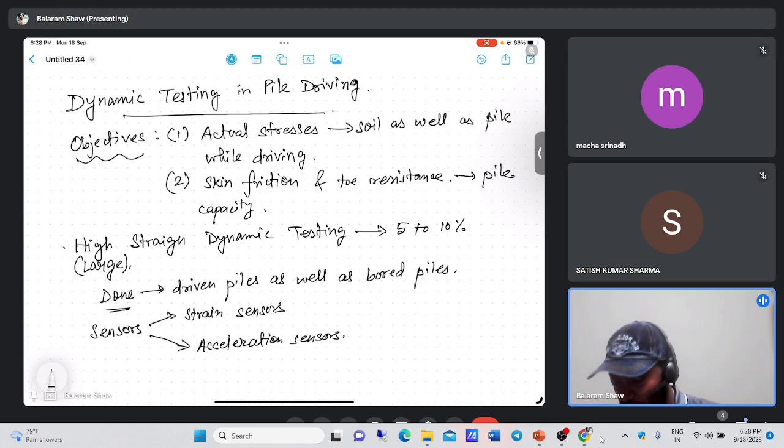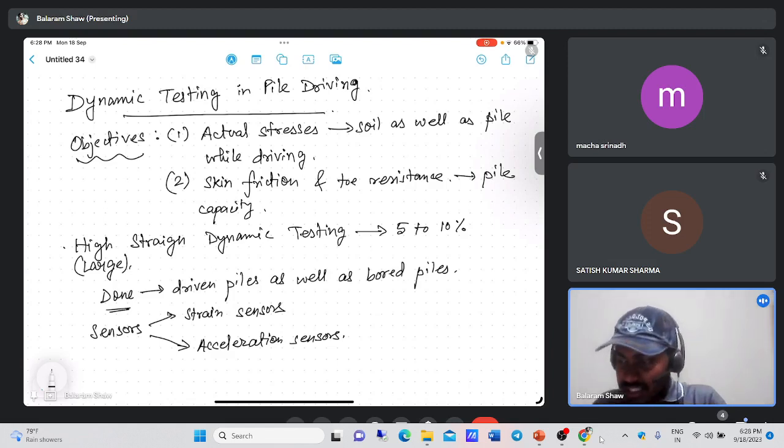So what happens in this testing is, we'll hammer or give some impact load to drive the pile in the soil, and as I said, there will be sensors, the strain sensors and the acceleration sensor or accelerometer.